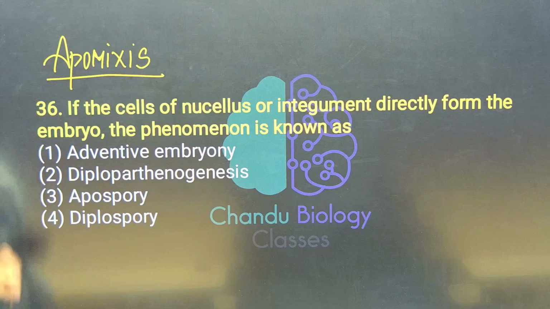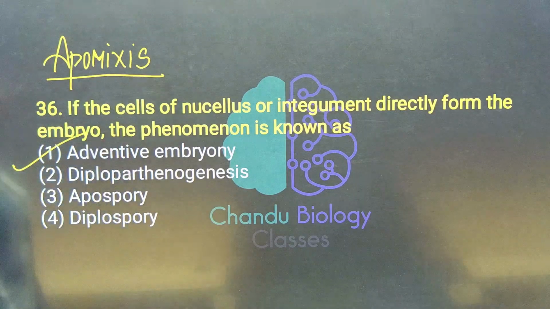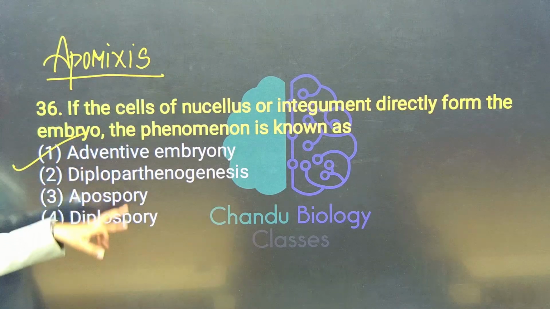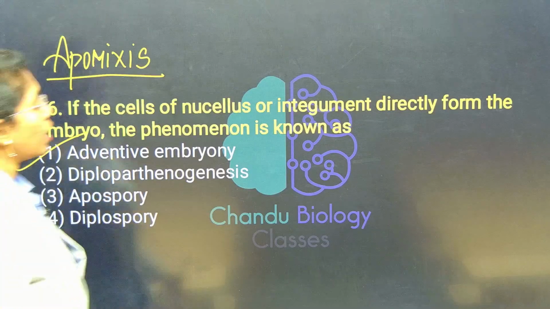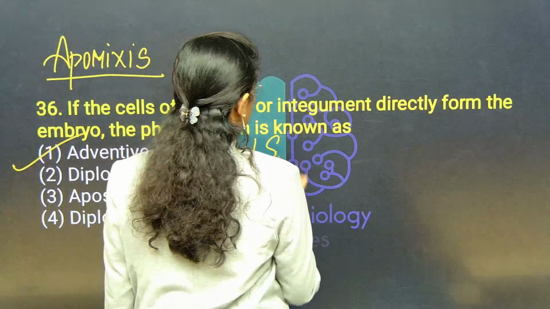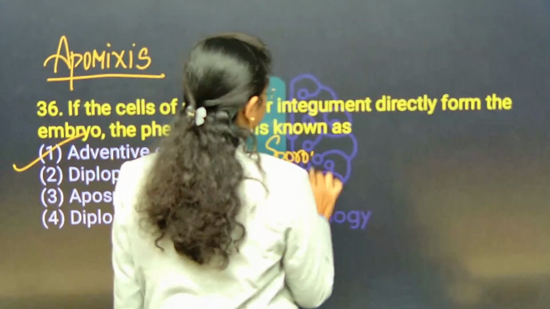Okay, so this is known as adventive embryony. If at all in the option, instead of adventive embryony, sporophytic budding is also given, then you can go for it.